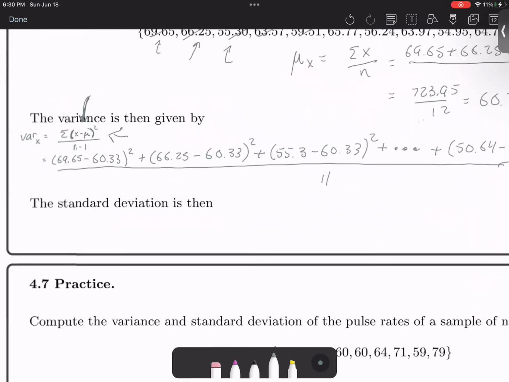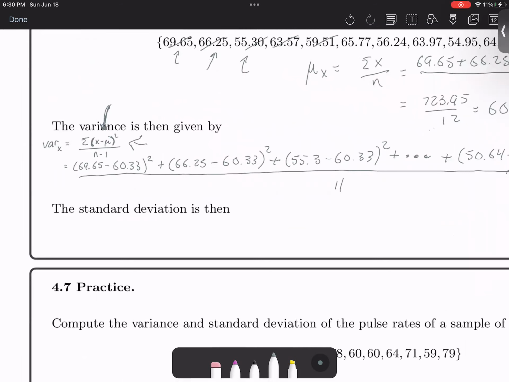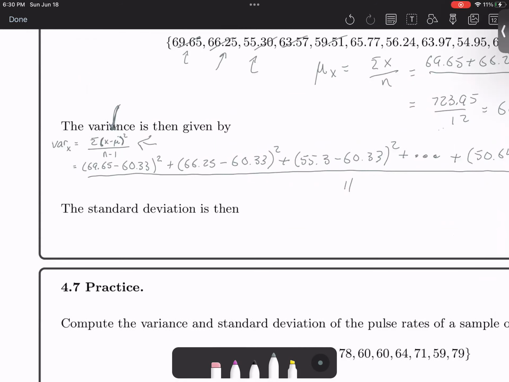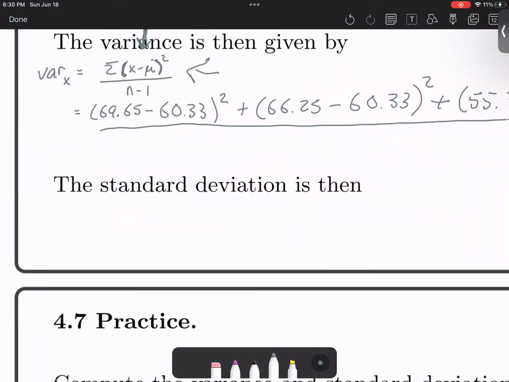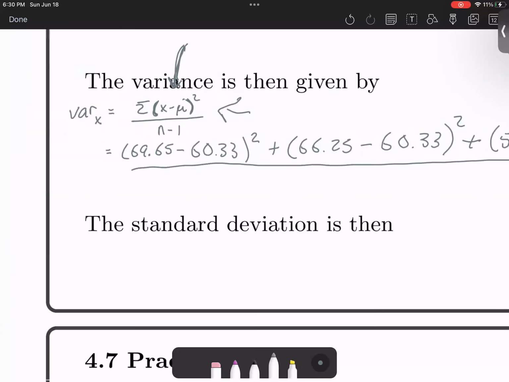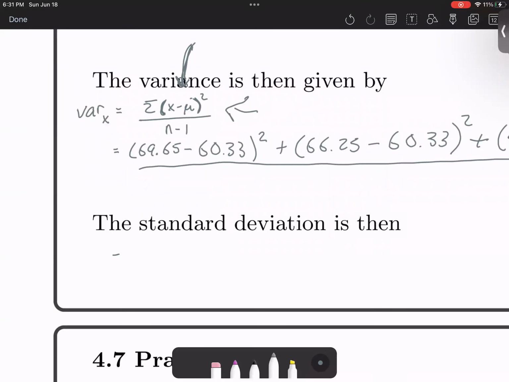Okay, so the order of operations says perform the subtraction first. So I'm going to borrow some space from the standard deviation. Let me see if I can squeeze it in. So this difference here, 69.65 minus 60.33 gives me a difference of 9.32. And that difference is being squared.